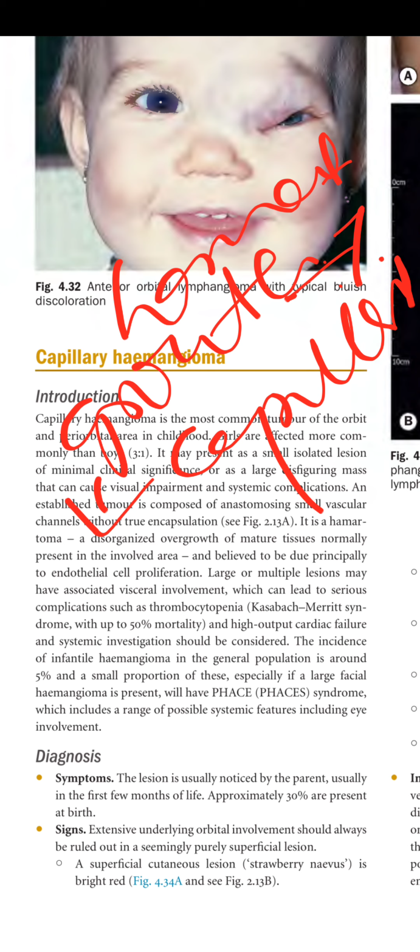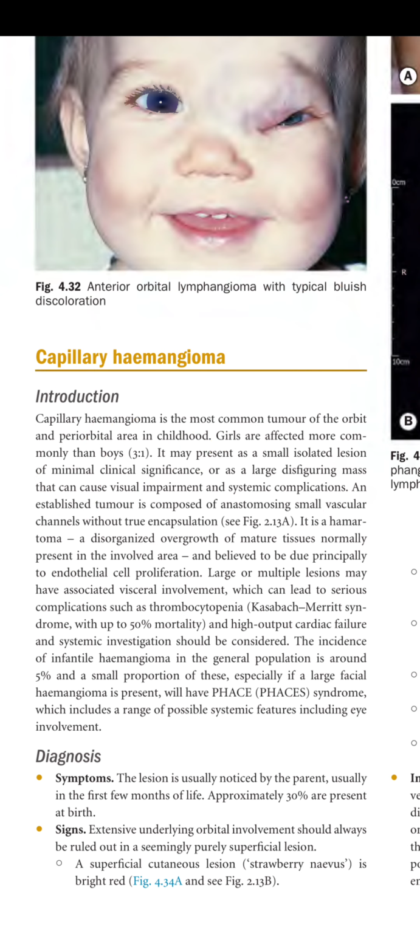So when it involves the orbit, it is known as orbital capillary hemangioma, and it is more common in females. An established tumor is composed of anastomosing small vascular channels without true encapsulation. So there is no true encapsulation.